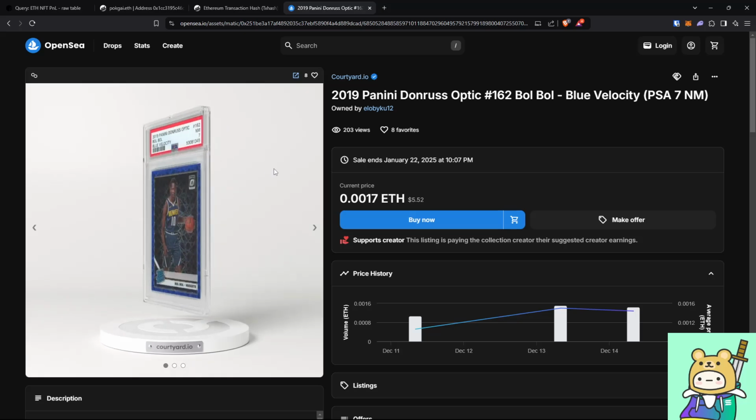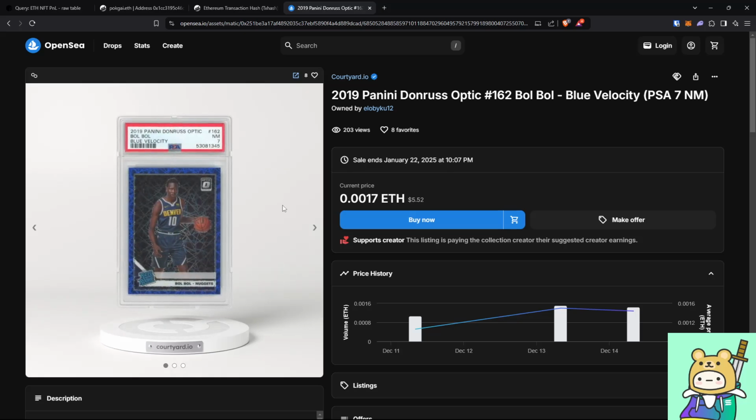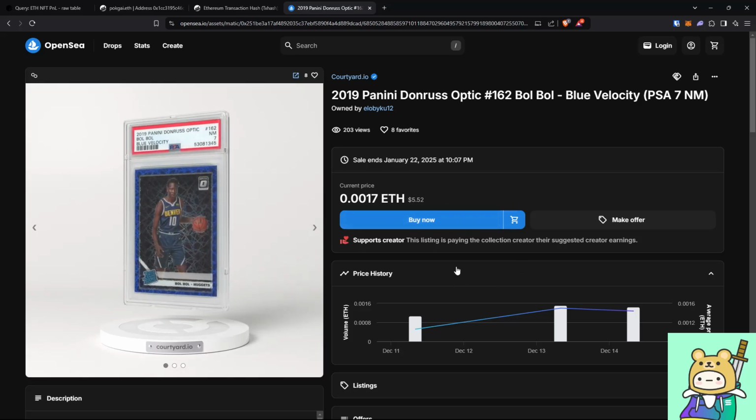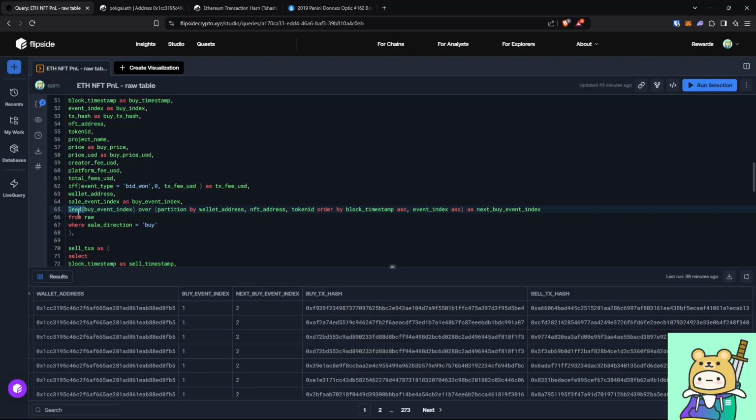For the first time, my row number will be 1, and then when I sell it, the row number is now 2. When I buy it again, the row number is now 3, right? So this lead is just getting what is the next buy event index, if any, right?